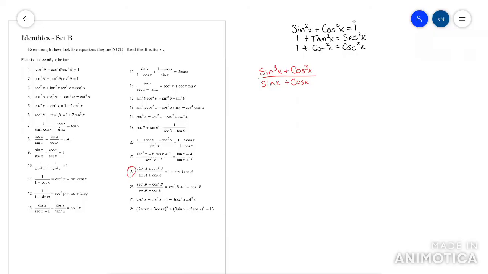Okay, the reason this one's so difficult is because you have to look at the top here and realize that's a sum of cubes. You can factor that to be sine plus cosine, sine squared minus sine cosine plus cosine squared. It's a sum of cubes, and it's over sine plus cosine.